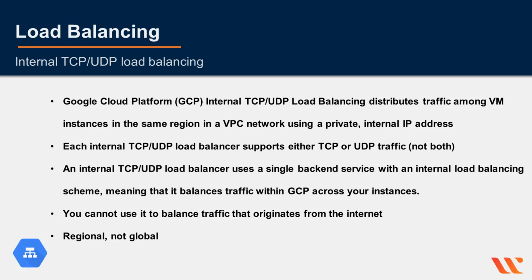It also uses a single backend service with an internal load balancing scheme, meaning that it balances traffic within GCP across your instances. You can't use this to balance traffic that originates from the internet. And this is regional, not global. Within a single region, the load balancer services all the zones.